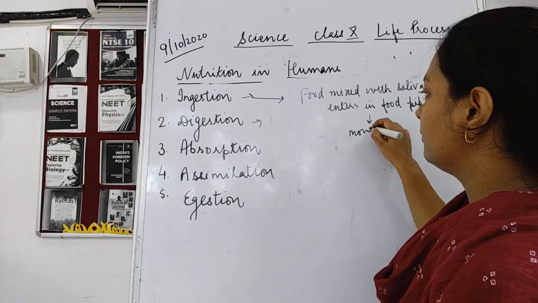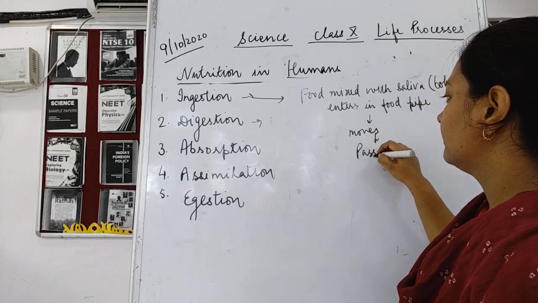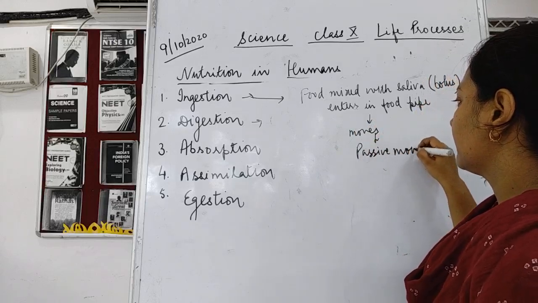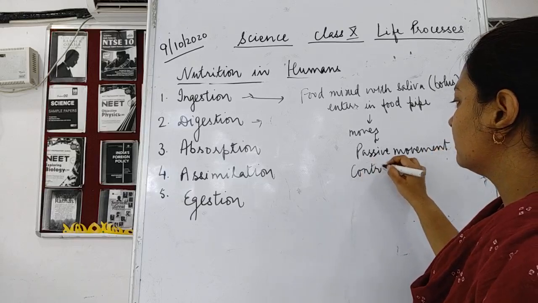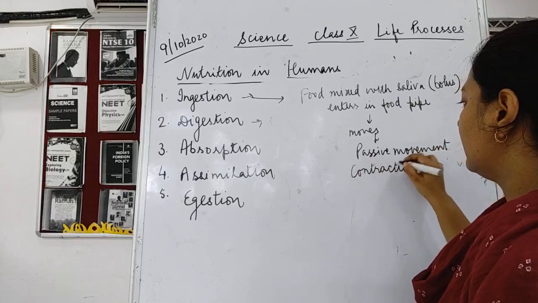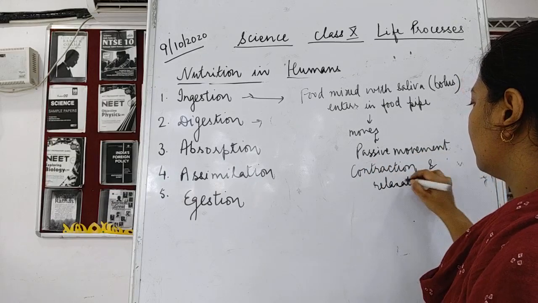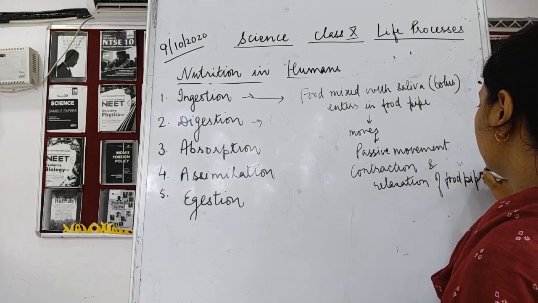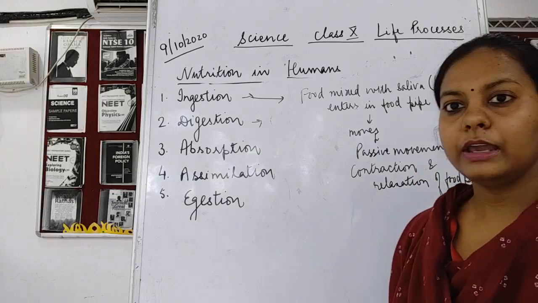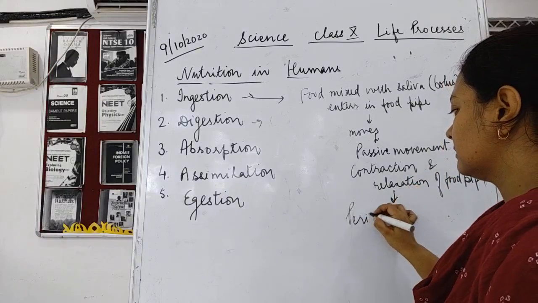Now how does it move? It moves with a passive movement, by the contraction and relaxation of the muscles of the food pipe. This is known as peristalsis.